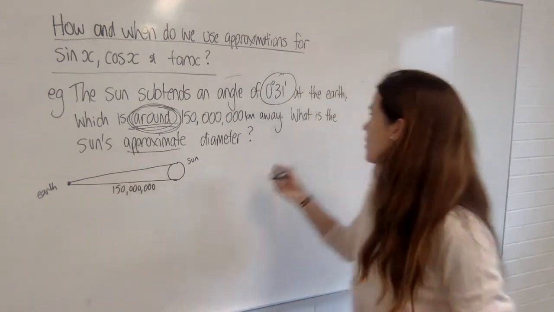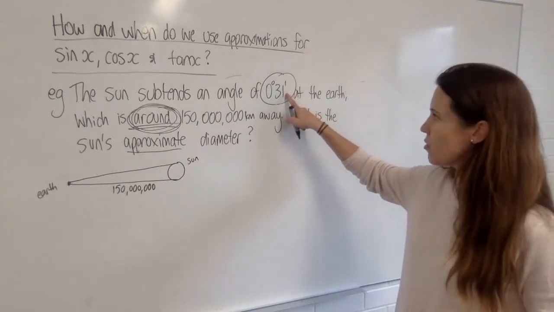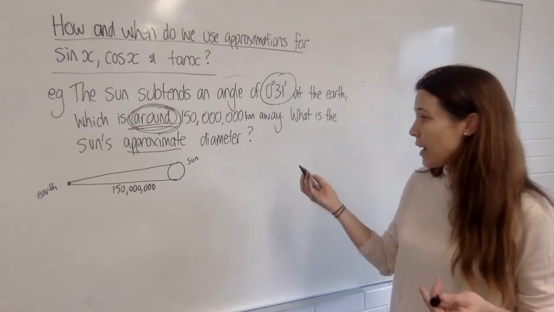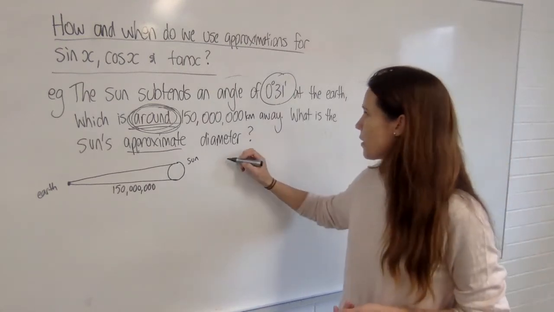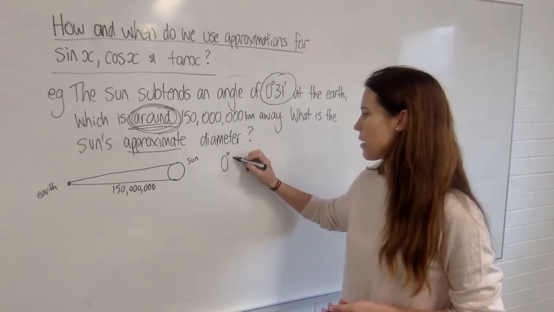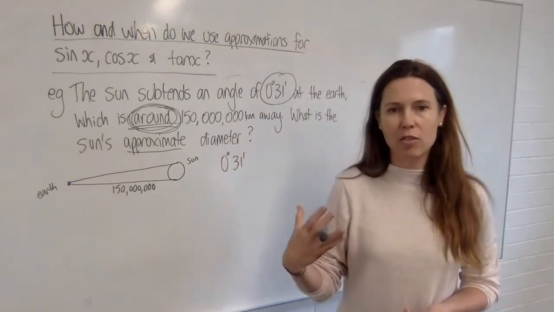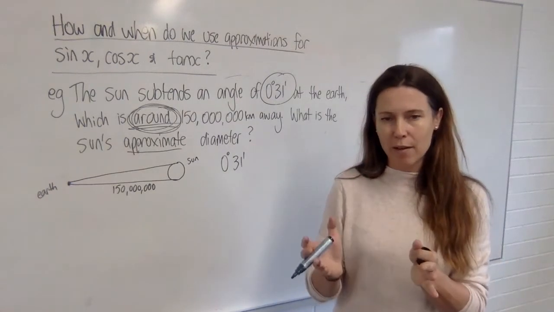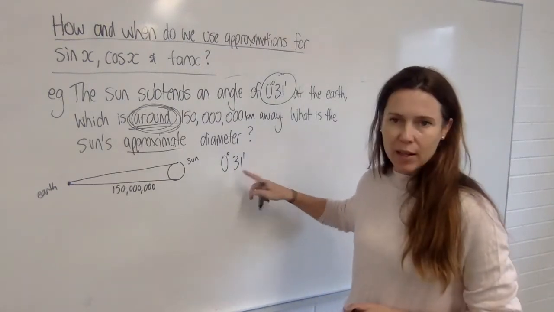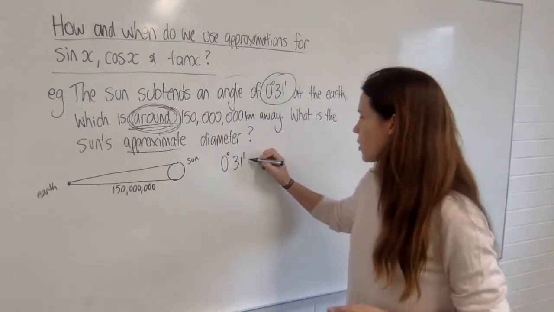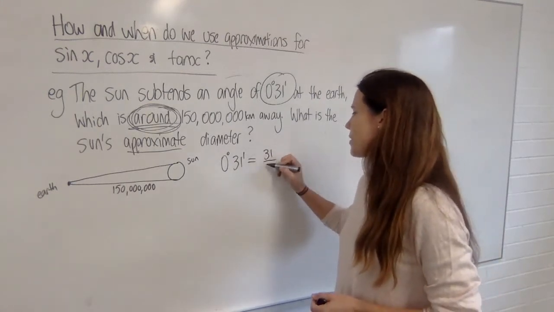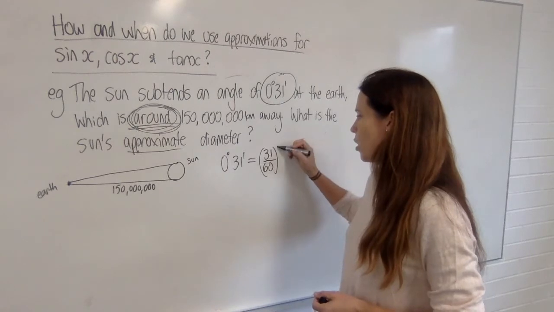Now the first thing we need to do is change this into radians. If you have 0 degrees and 31 minutes, you need to ask yourself, how many degrees do I have? Remember that the minutes are 60ths. So what we actually have here is 31/60ths of a degree.